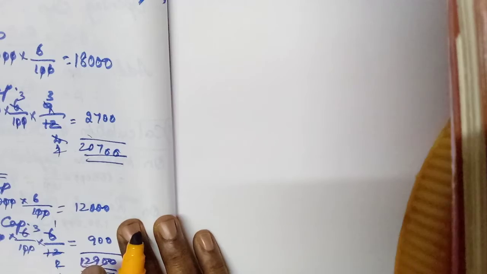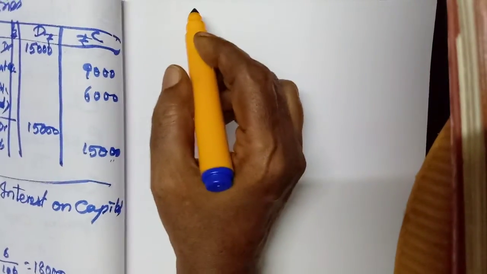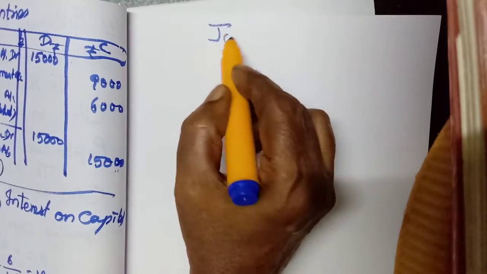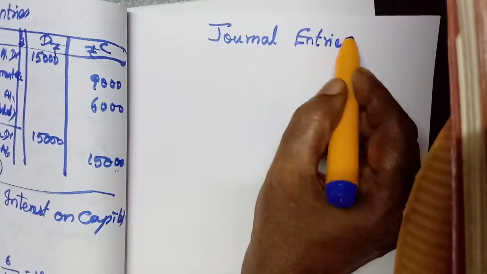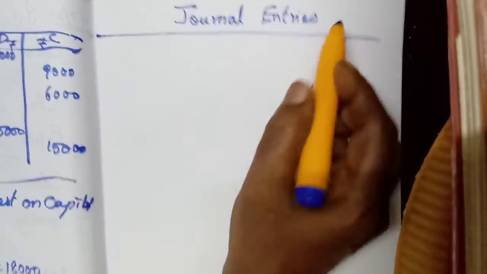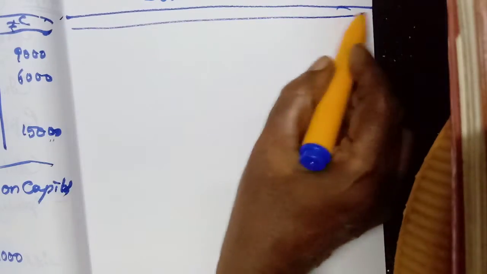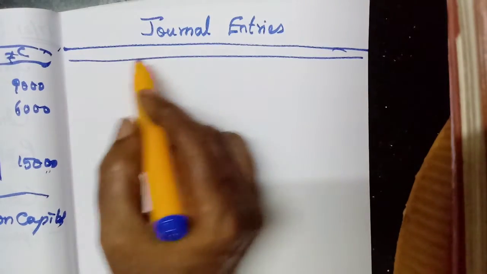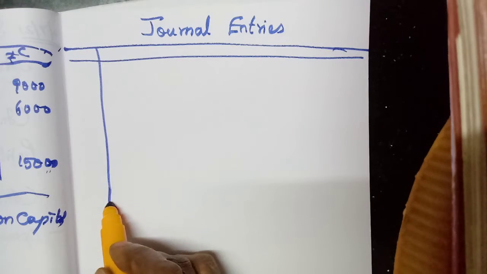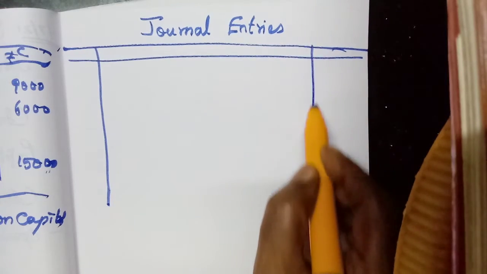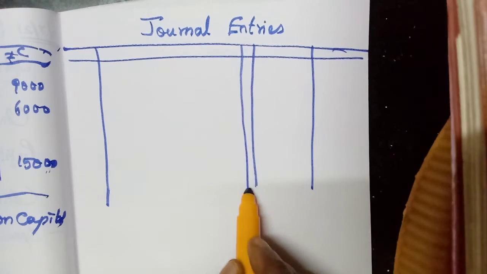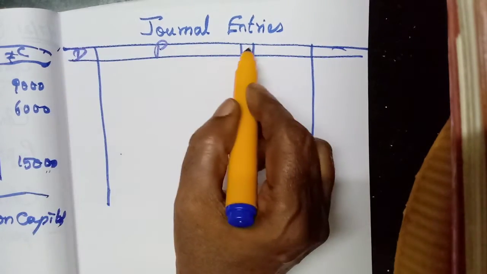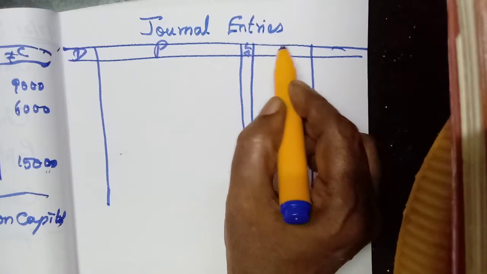Now what is the next part of the question? And show the journal entries. So we have to show the journal entries. Draw the columns. Date, then 2 amount columns, then 1 small LF. Date, particulars, LF, rupees.